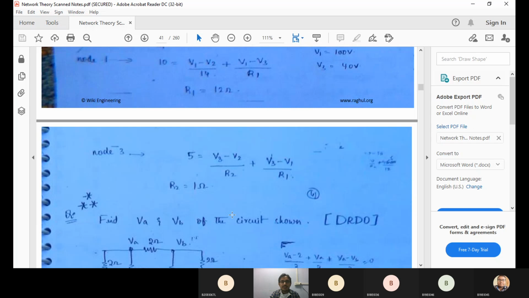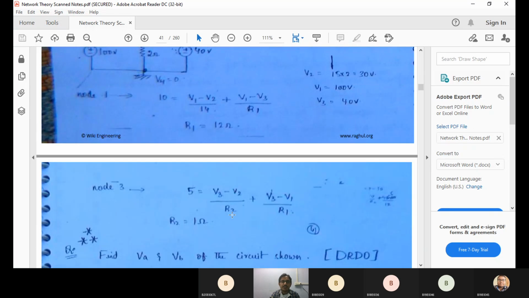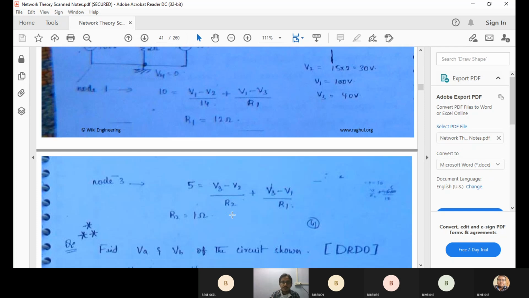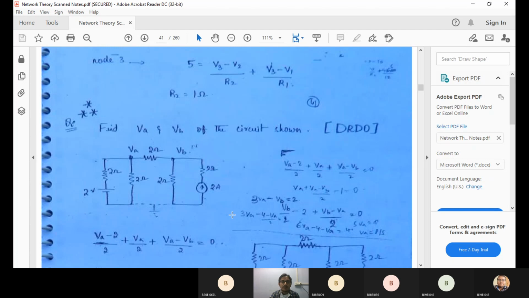So by using this method, we can find out the current through any individual resistance and the voltage across the nodes. And we can find out another problem. This is VA and VB. While we are calculating from the VA side, this is the higher potential, and the rest of the things are at the lower potential.